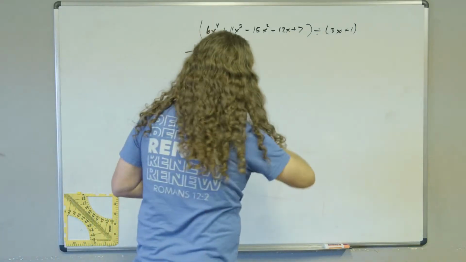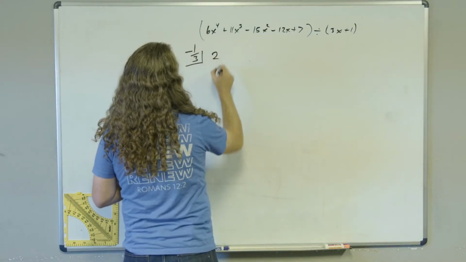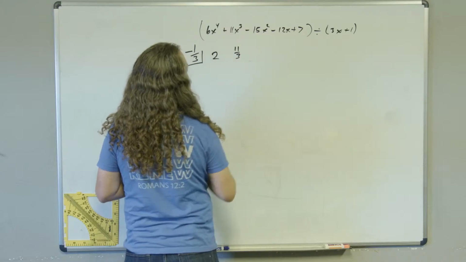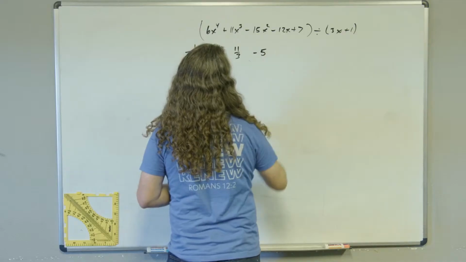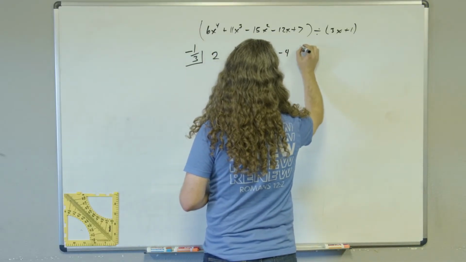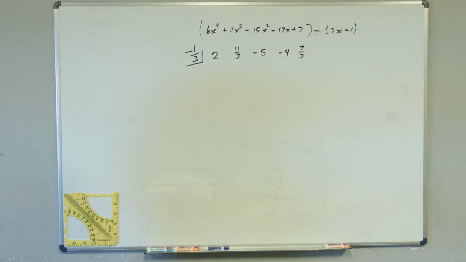This one is going to be a 2, this one 11/3, this one negative 5, this one negative 4, and this one 7/3. How did I get that? I divided everything by 3.